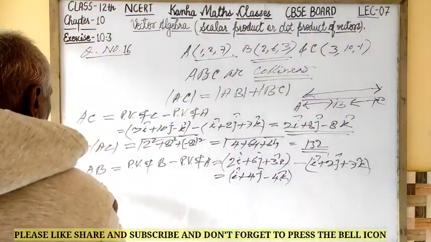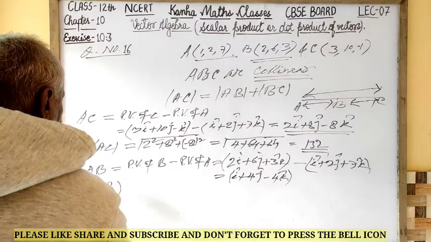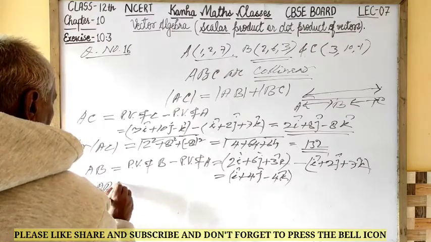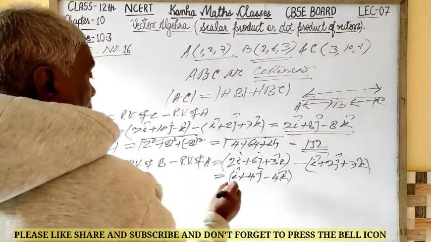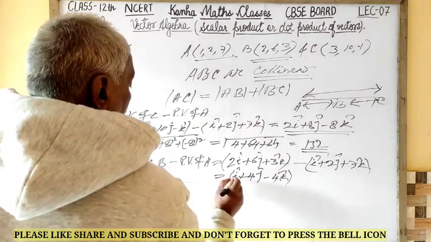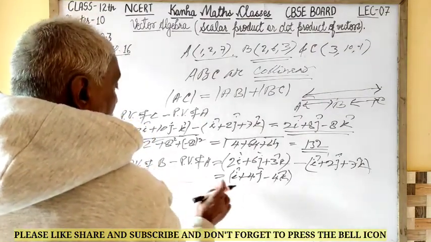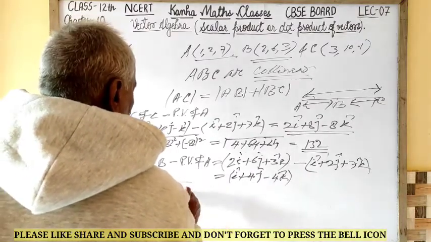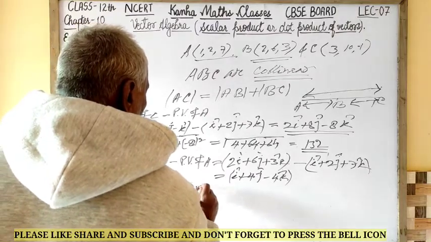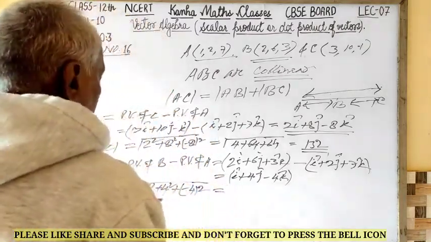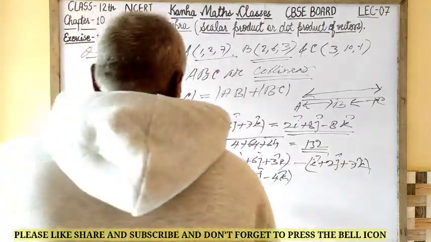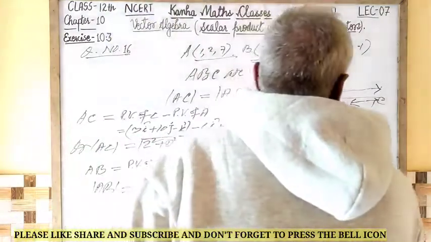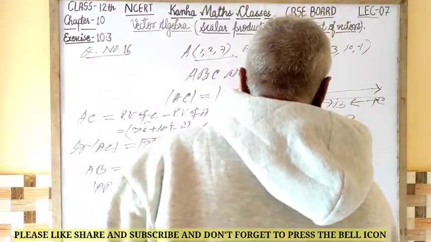The magnitude of AB is equal to under root 1 square plus 4 square plus minus 4 square. This is 1, 16, 16, 33, that's equal to under root 33. This is equation 1 and this is equation 2.